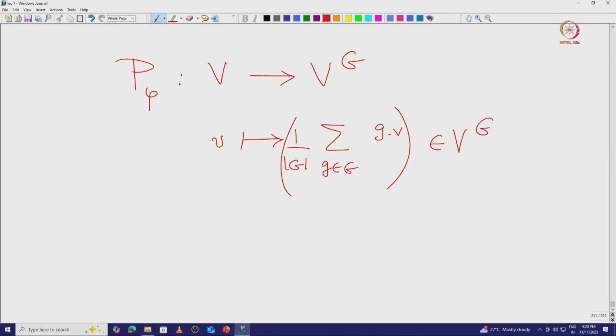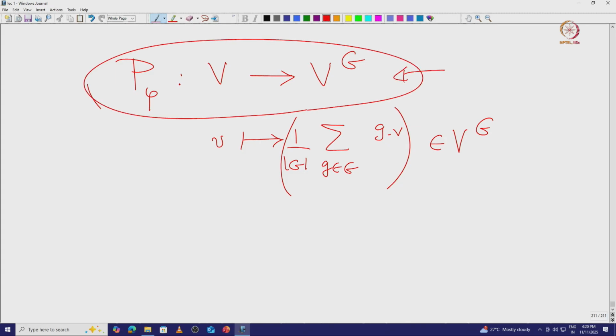And we will prove some properties of this projection. Basically we will prove that this is indeed a projection, and in particular V can be written as the kernel of P plus Vg.